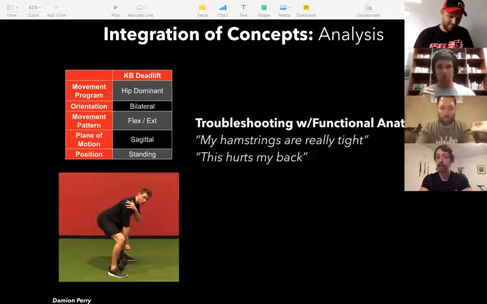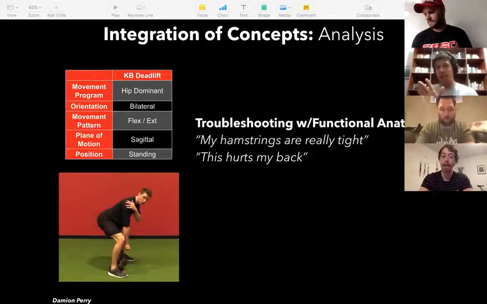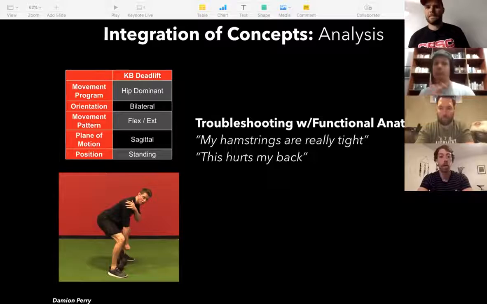So if we think about what we just saw, if Steve presented in a resting posture with things oriented in certain ways, and me knowing my anatomy, I know where things attach, and I know how they work, and I know these concentric and eccentric variables, and I know what muscles are going to work in this exercise.